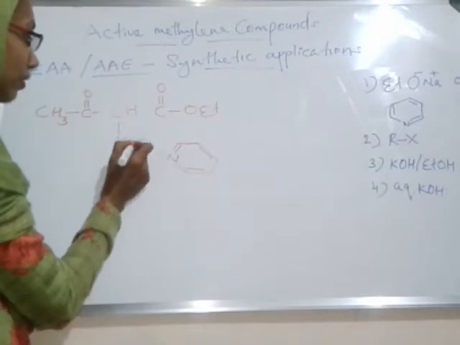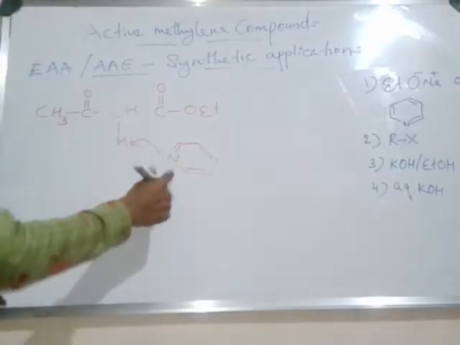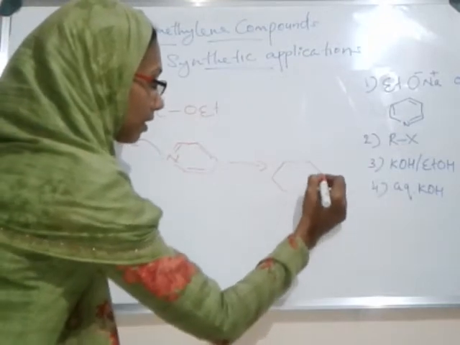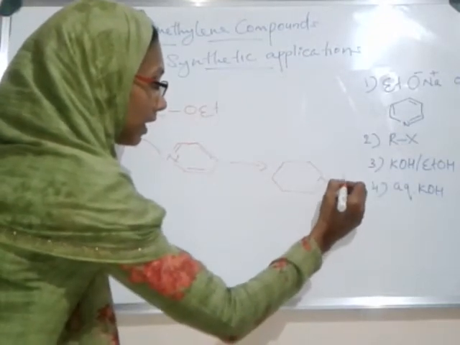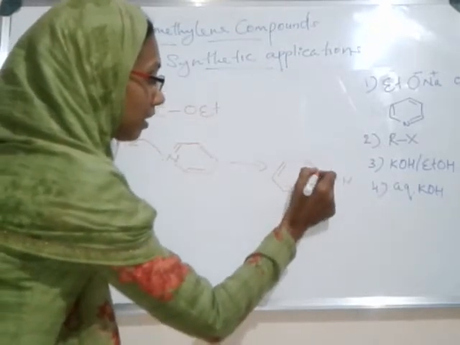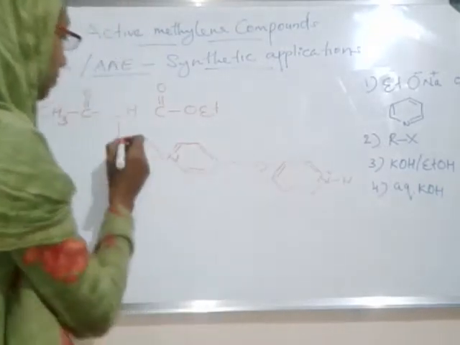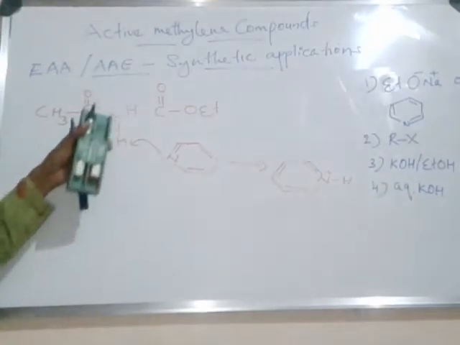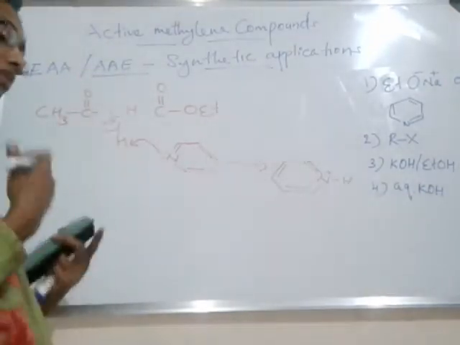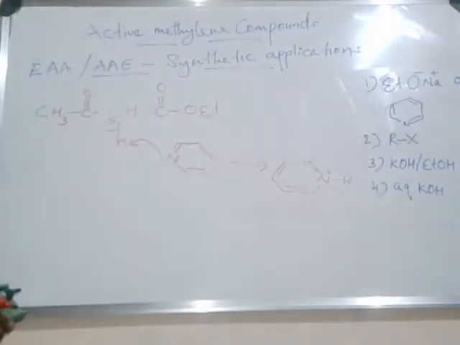With this lone pair, it abstracts the hydrogen as H plus and forms NH plus, and at the same time this electron is shifted to form a carbanion or an enolate anion. Then this enolate anion reacts with this.